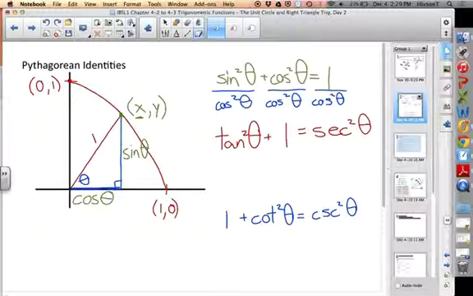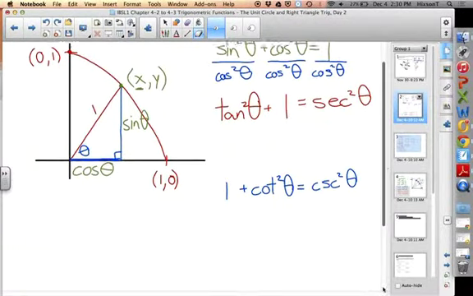If I wanted tangent squared, I would say tangent squared equals secant squared minus 1. So you can use algebra and rearrange them. And as we move forward, anytime you see trig functions being squared in some way and you're not sure what to do, think Pythagorean identities. Because a lot of the time that's what you're going to use.